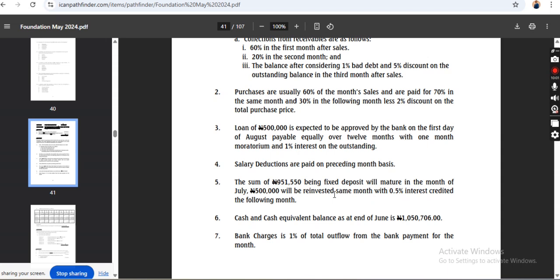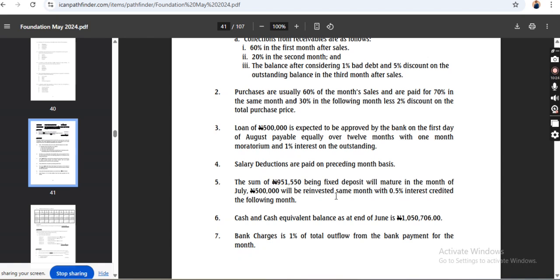So which means that in the following month, which is August, you will receive 0.5% for the interest. On the interest, right? In the following month. The following month is what, class?